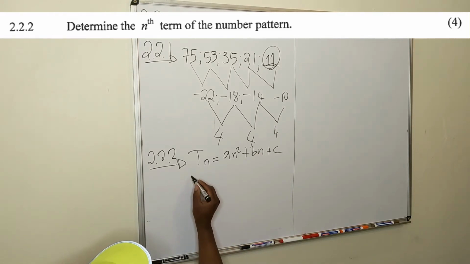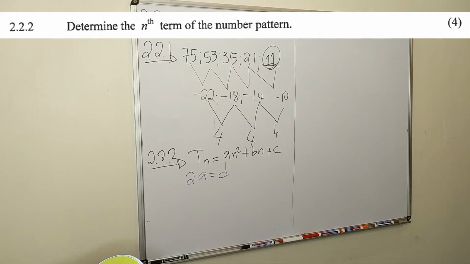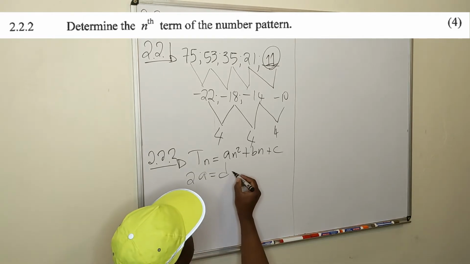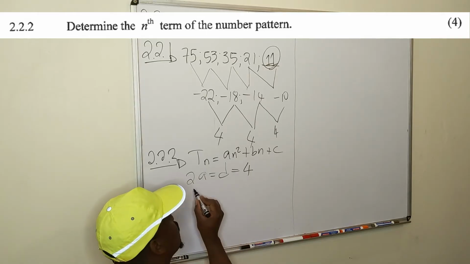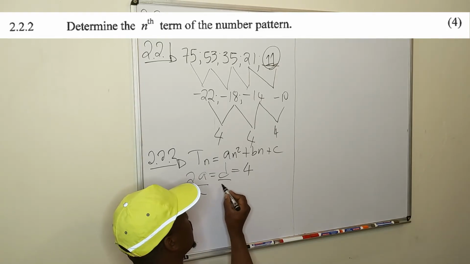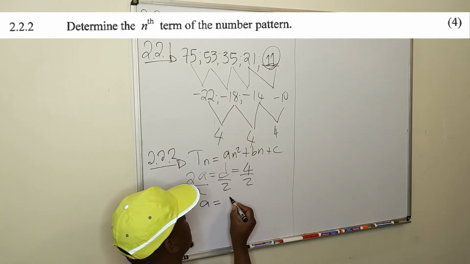How do we do this? We know that 2 times a is equal to the second common difference, which is 4, right? So divide by 2 on both sides. Therefore, our a is equal to 2.